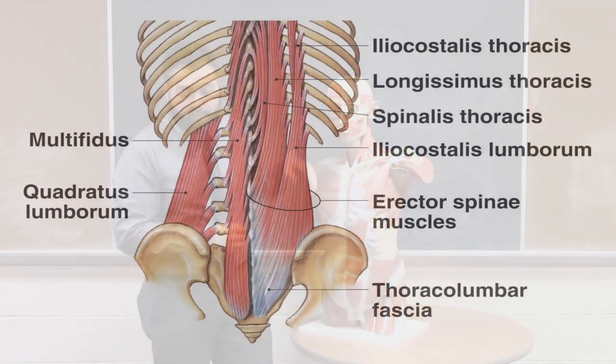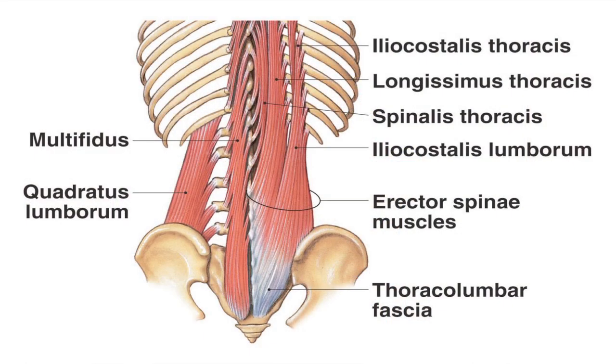Now, as you can see in this picture, we have two more muscles that we didn't speak about. The multifidus and quadratus lumborum. Multifidus being medial to quadratus lumborum. Quadratus lumborum attaches to the transverse processes of the lumbar vertebrae.